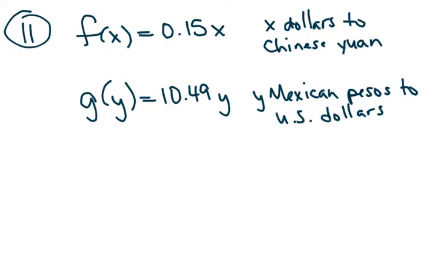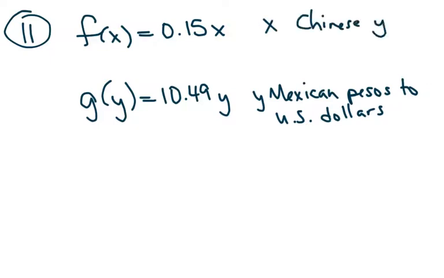In problem number 11, suppose the function f of x is equal to 0.15x represents the number of US dollars equivalent to x Chinese yuan, I guess it's pronounced, and I just wrote this backwards, didn't I? Because x is the Chinese yuan to US dollars.